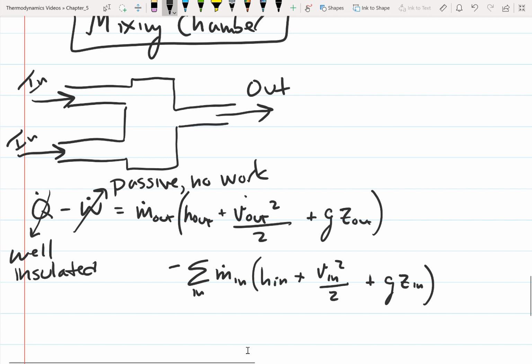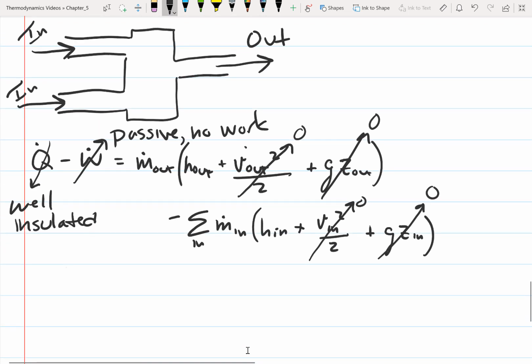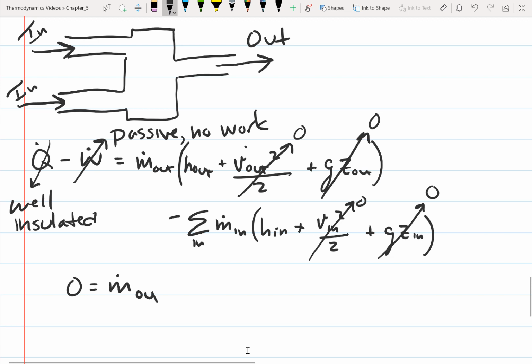So basically we can assume that the change in velocity is approximately 0. And there's also usually not a large change in elevation, so we can often assume that the change in potential energy is 0 as well. So basically we get that 0 is equal to m dot out h out, minus the summation in of our streams in, so m dot in, h in.